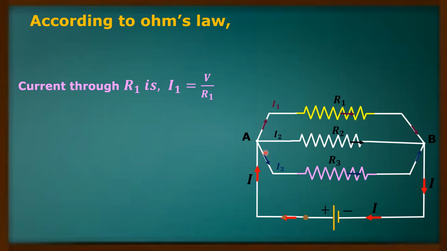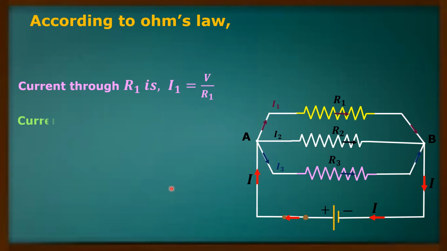It is V, that is VA minus VB. We let it be V. That V is nothing but the potential difference between the terminals of the battery. So the total voltage of the battery has been applied between A and B. So current through R1 is I1, which is equal to V by R1.